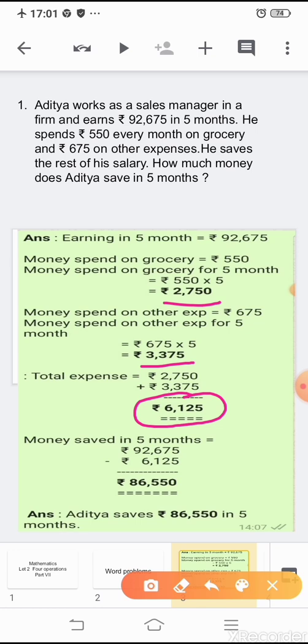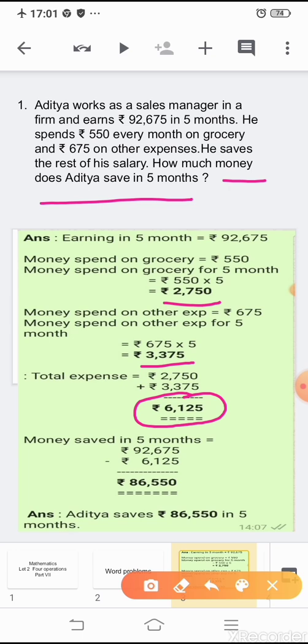Okay. Now what do you have to find? You have to find how much money Aditya saved in 5 months. Now his total expenditure was 6,125.